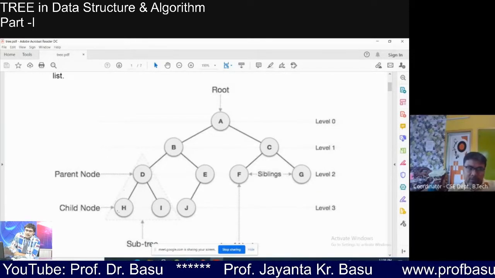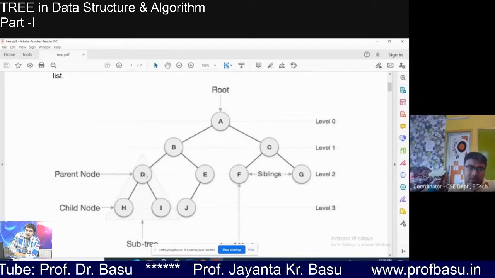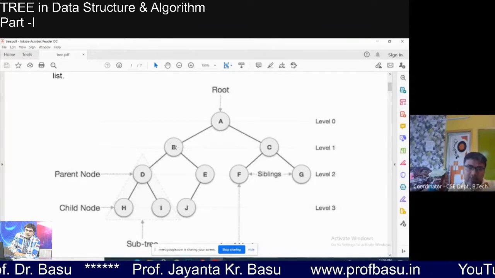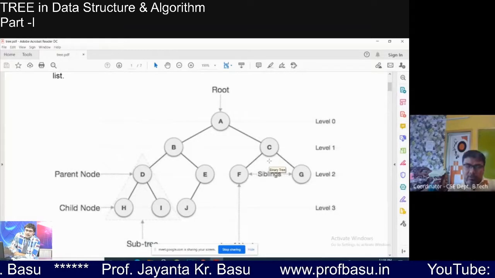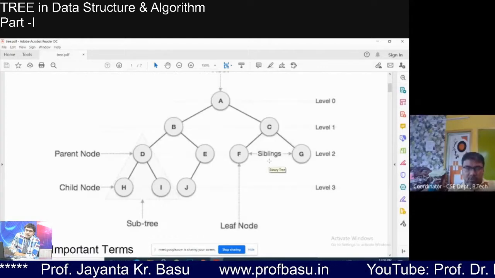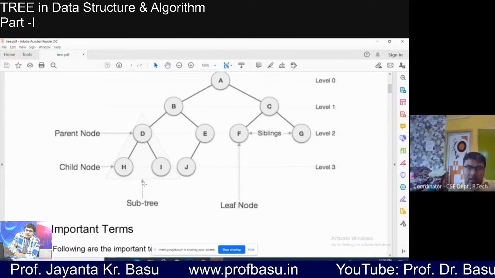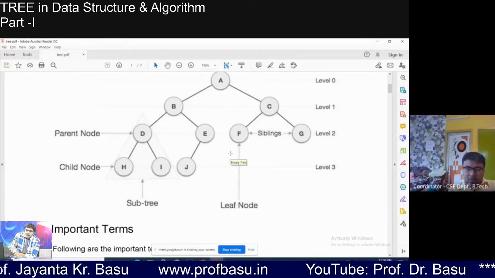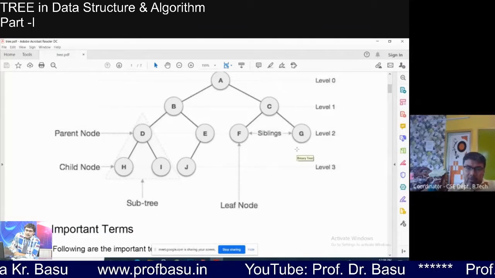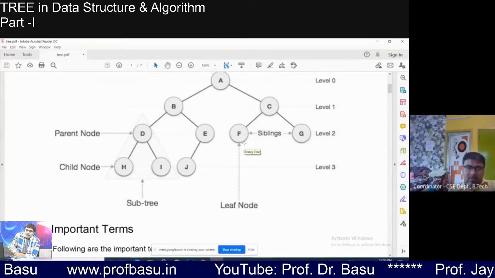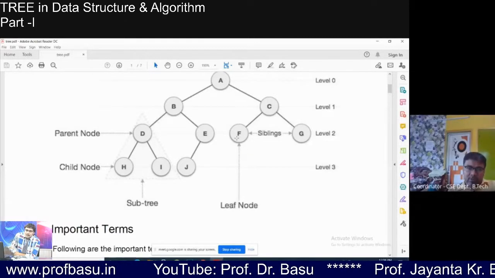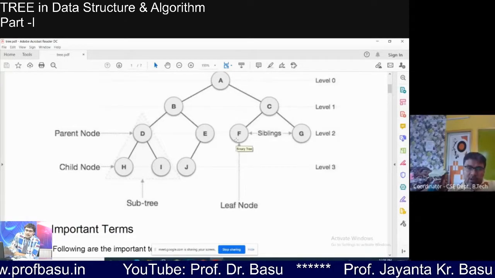A is the parent node of B, or B is the child node of A. This is generally how the picture depicts it. And the nodes which are in the last level, the nodes which have no other nodes.